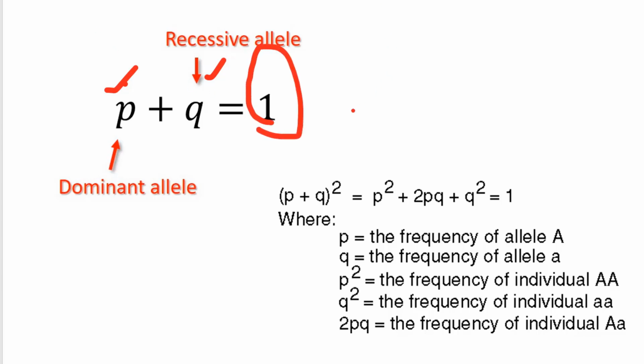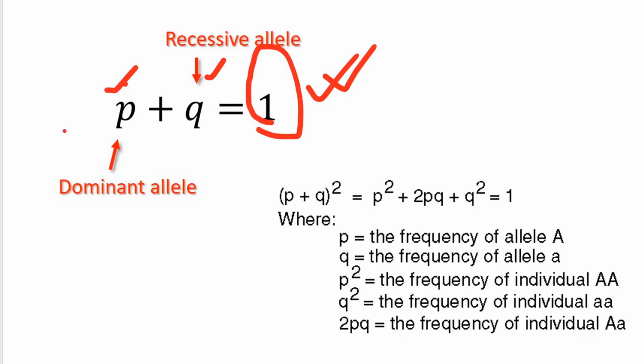If there are more than two alleles, they will also follow this principle. The sum of the frequency of all the alleles would be equal to 1. So this is one thing.